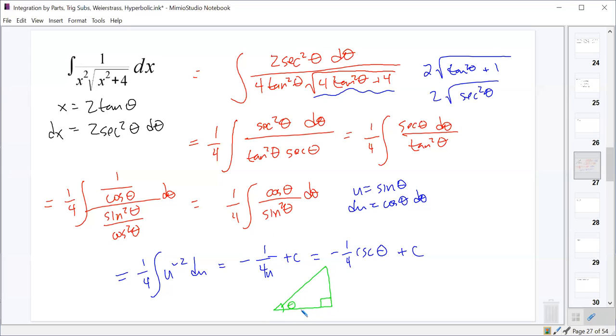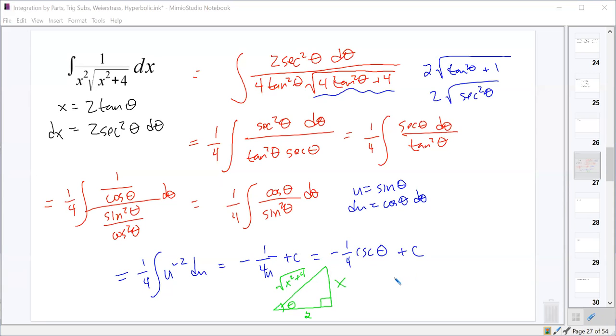Here's theta. And we originally had x/2 was tangent theta. So tangent theta was x/2, opposite over adjacent, which makes this side root x squared plus 4. And we can then figure out what cosecant theta is. Cosecant theta should be hypotenuse divided by opposite.